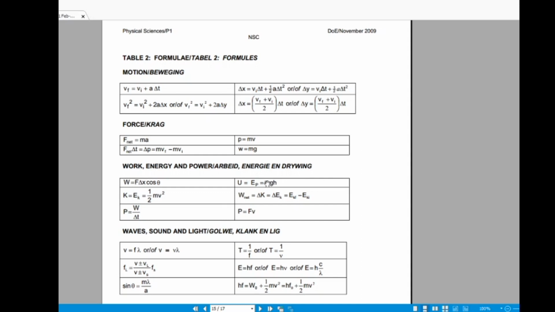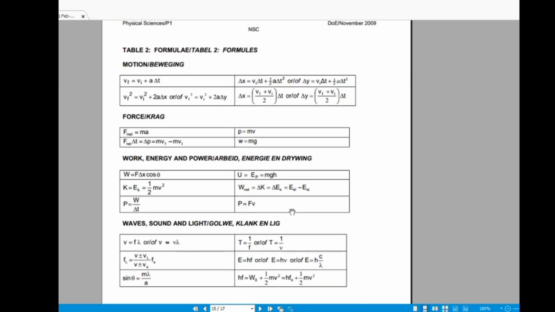And then now the gravitational potential energy, this one is the gravitational potential energy because here we have the gravitational acceleration g. The gravitational potential energy will then be the energy that an object has because of its position above the surface of the earth, because we also have height there.